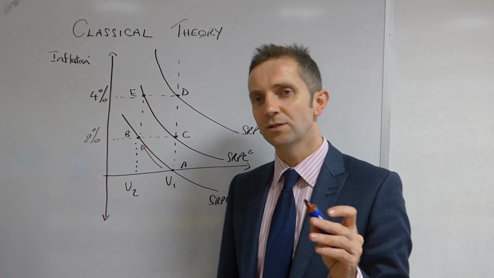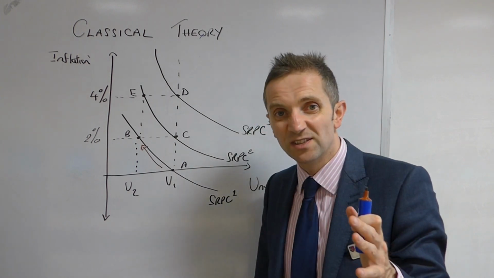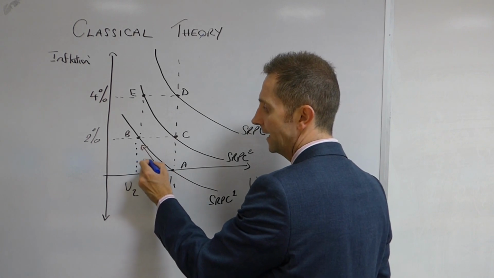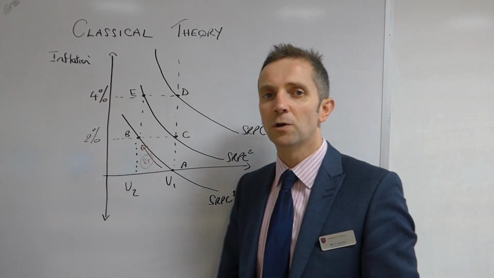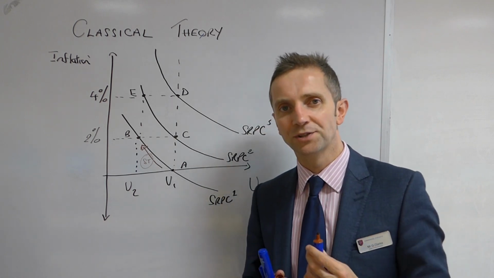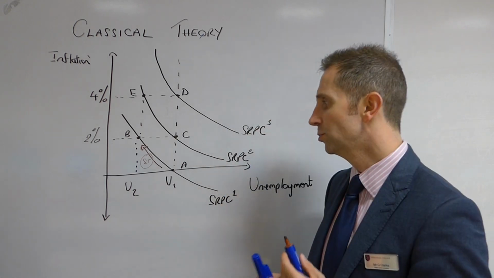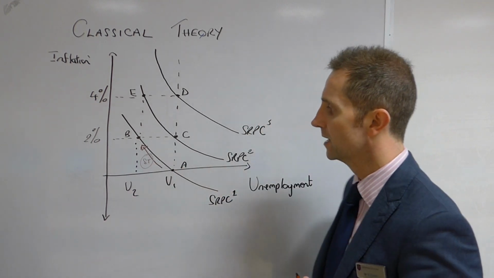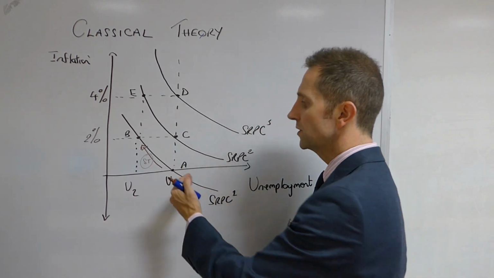Now again, I said to you in the first instance, so in the short term, we move from A to B. And those of you who've watched my previous video about the traditional classical relationship between AD and AS, you'll be familiar with the way in which we've used that notion of short-term movement. So we move to point B.